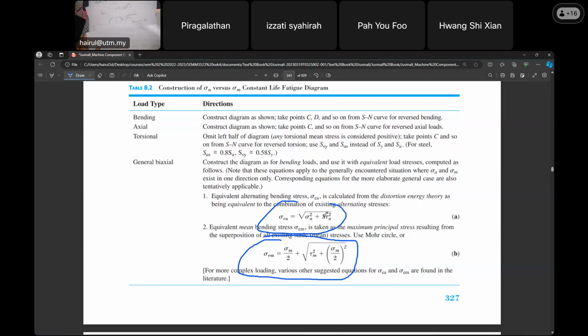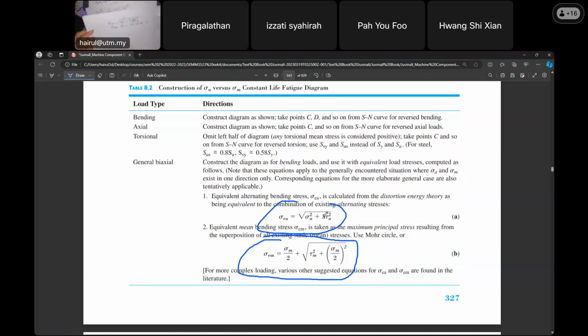So this one becomes 0. Understand? We only have sigma E equivalent alternate equal to the sigma that we calculated. So what is sigma alternate? We already calculated the bending stress earlier: 137.6 megapascal. That's the point. Sigma EA, we already found it.